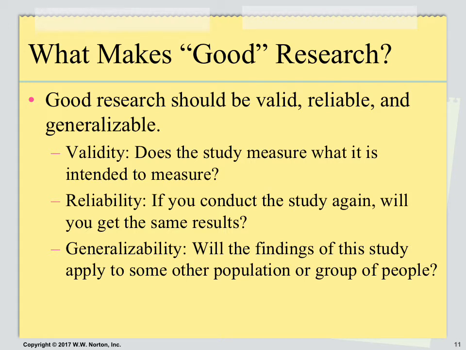Okay. So are our measures reliable? Think about what reliability means. Reliability in research means, will we get consistent results over time? Think about what it means to have a reliable car or a reliable friend. A reliable car means that it'll do what it's expected to do every day.